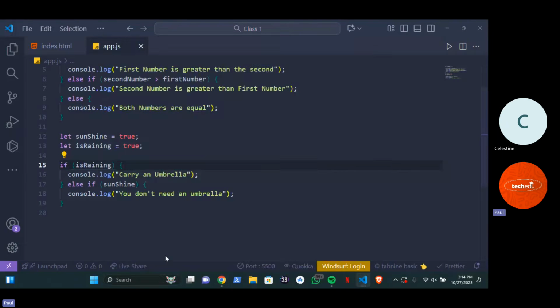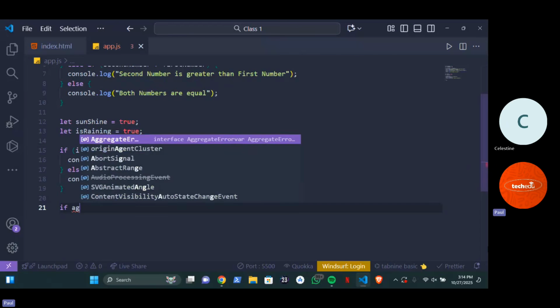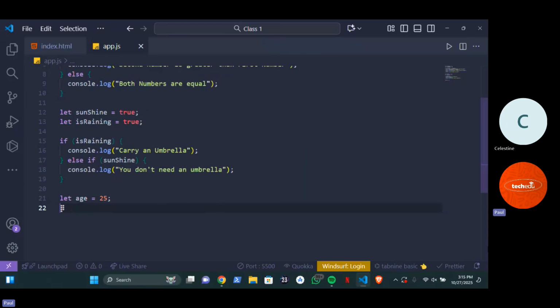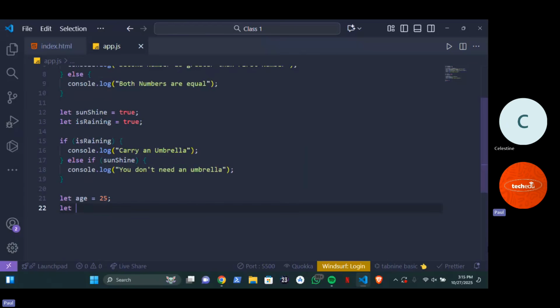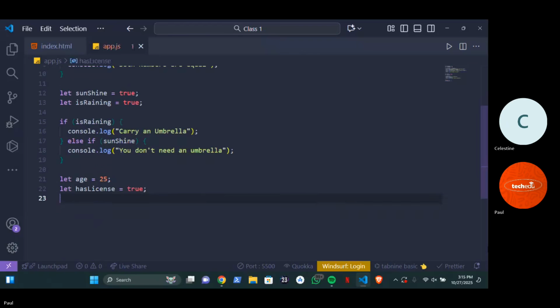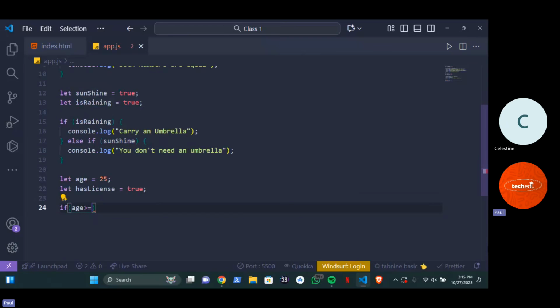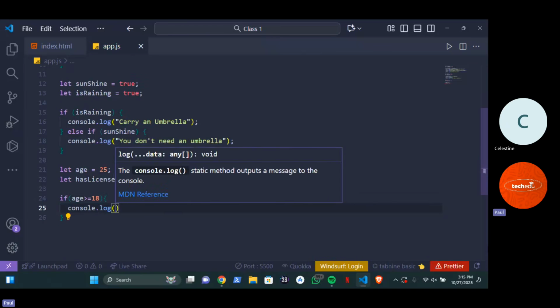In the example, we have let age equals 25. Then let hasLicense equals true. Then if age is greater than or equals to 18, console.log, you are old enough to drive.